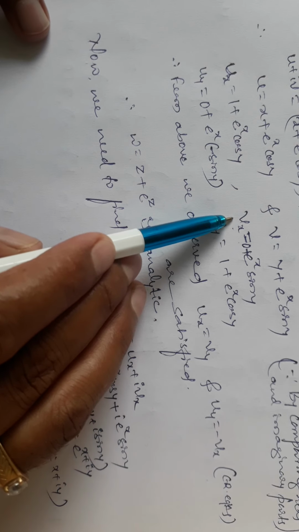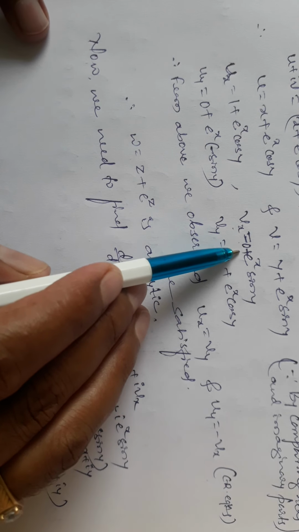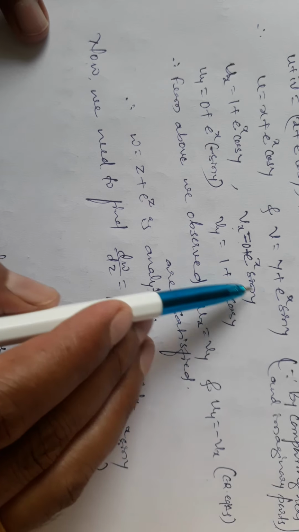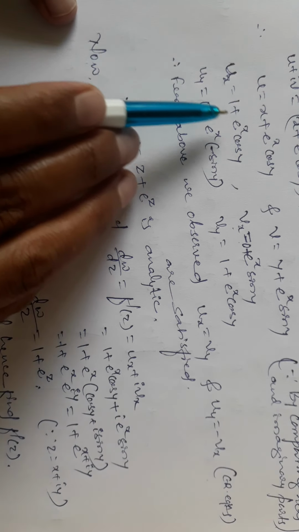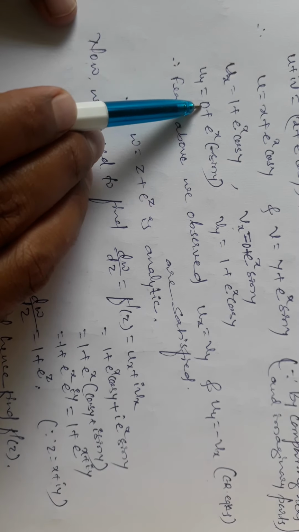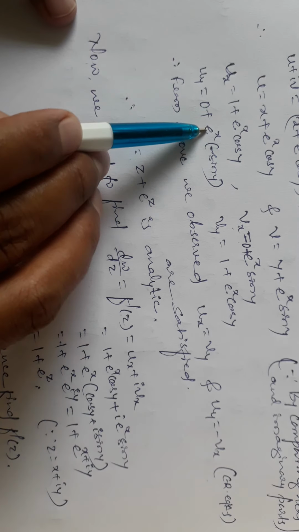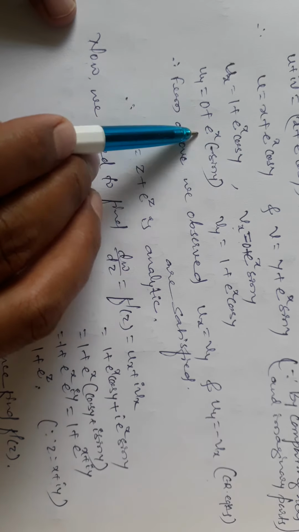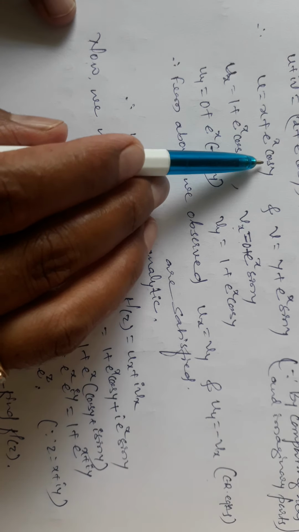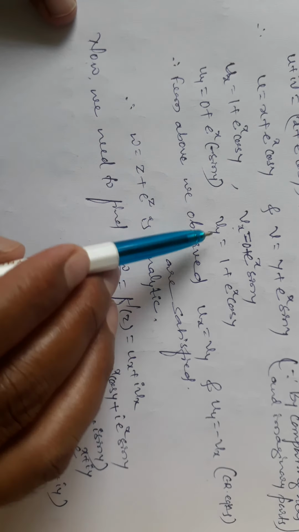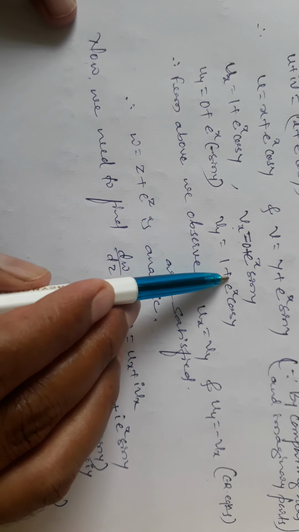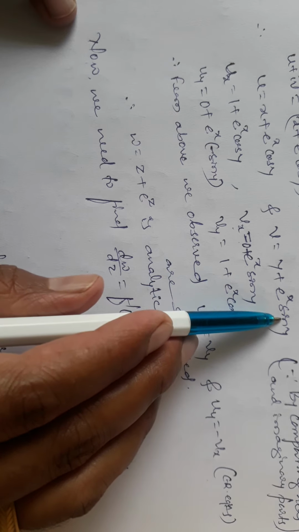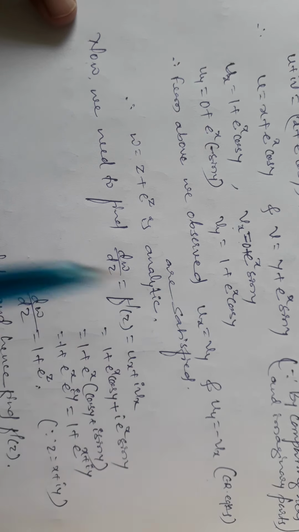And v with respect to x: y gives 0 plus e to the power x as it is, sin y treated as constant. Then u with respect to y: x is constant, therefore 0 plus e to the power x, treating it as a constant multiplication, and cos y differentiates to minus sin y. And v with respect to y: 1 plus e to the power x, and sin y differentiates to cos y.